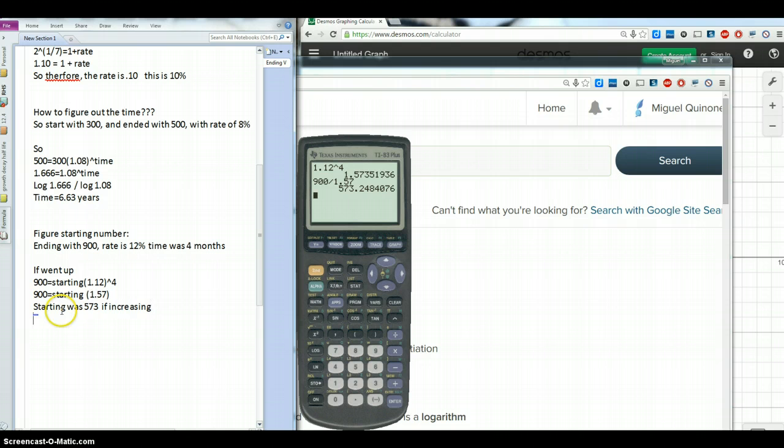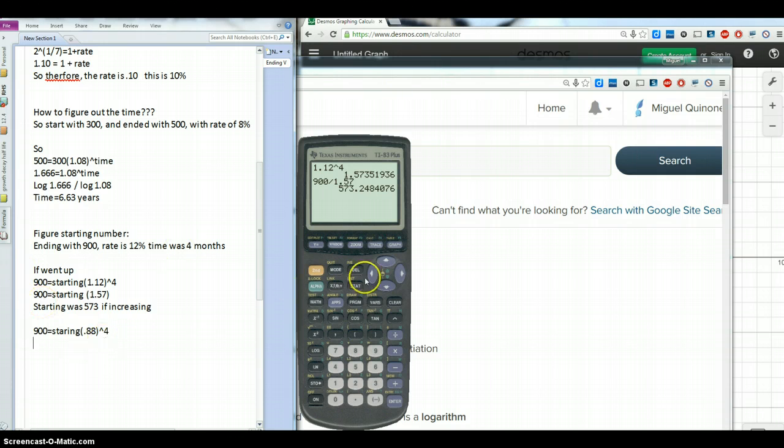All right, but if we were spending money, it'd be 900 equals starting times 1 minus 12 cents, which would be 88 cents, to the 4th power.